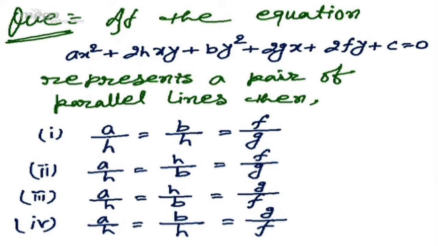Now student, this question is based on the basic concept of when this equation will represent a pair of lines and when this equation represents a pair of parallel lines.